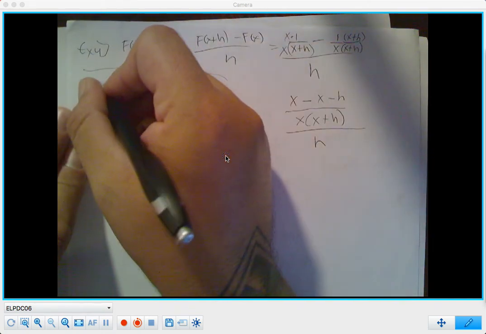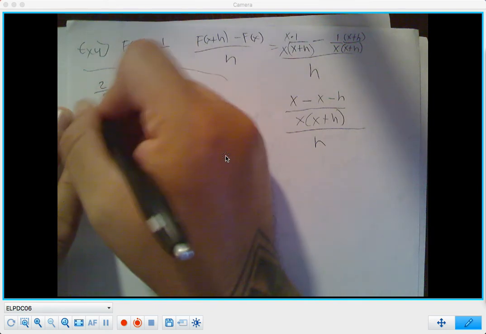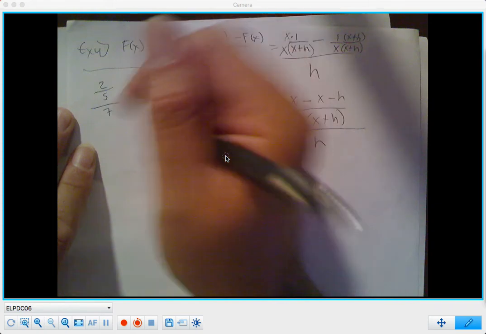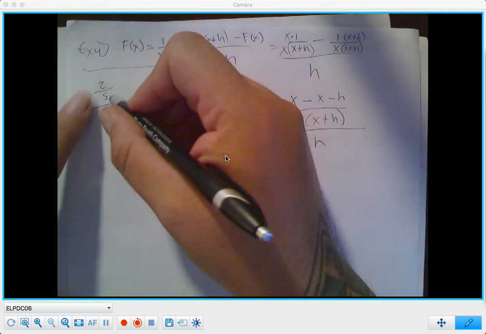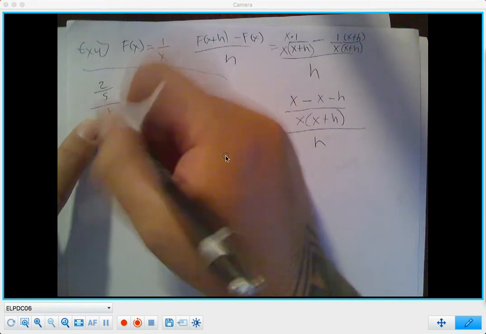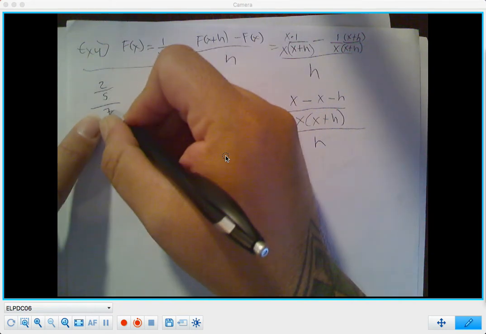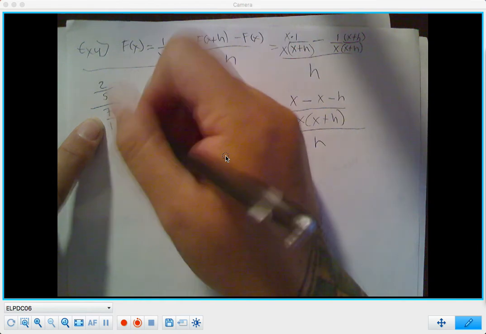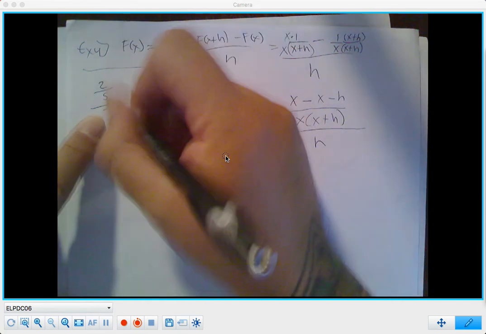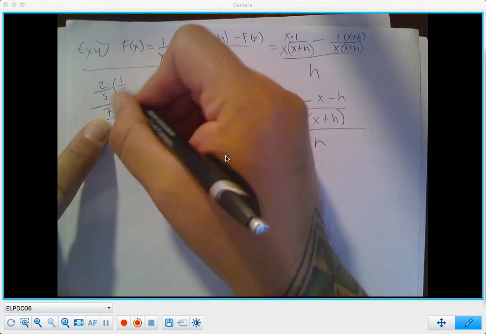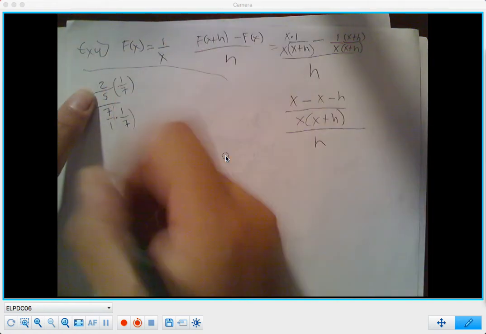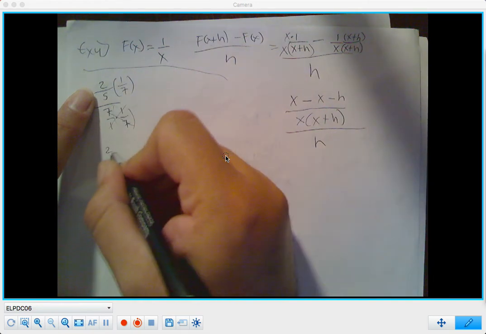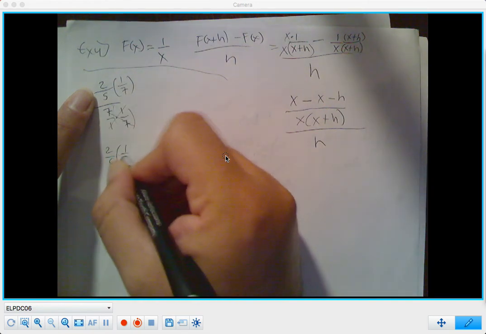Let's say that I have 2 over 5 over 7. When we want to simplify something like this, we put a 1 on the big denominator, and then we multiply it times the reciprocal. Whatever you do to the bottom, you do to the top. Now what happens here? They cancel out. So you end up with 2 over 5 times 1 over 7.